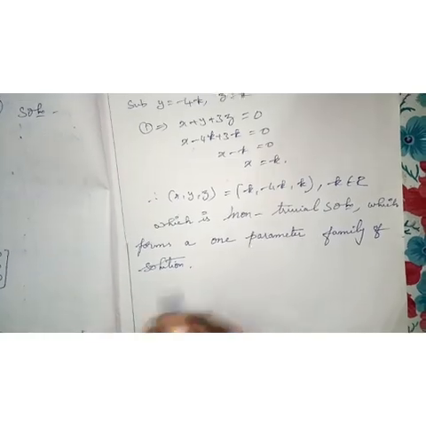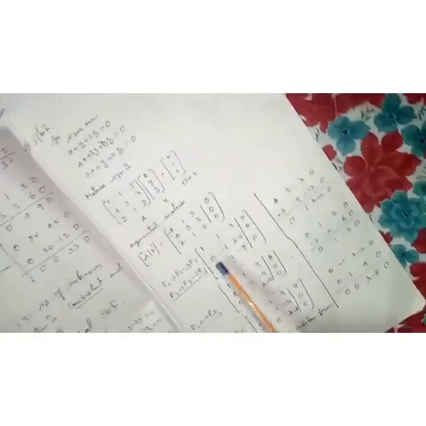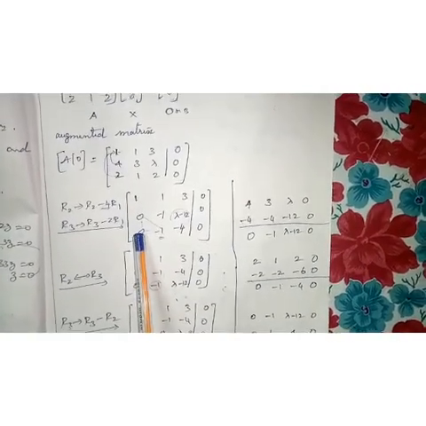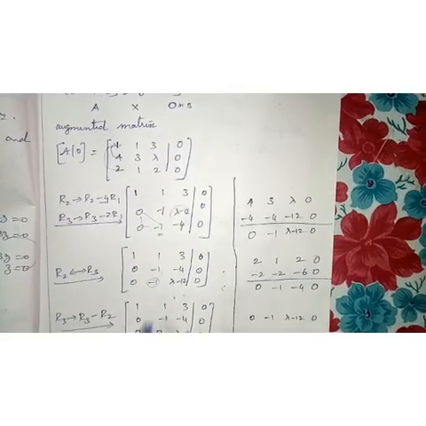Is it clear, children? It's a homogeneous equation. So we have only two conditions: in the augmented matrix, the second row first element and third row first element are converted to 0. After that, you form a triangle shape of zeros.